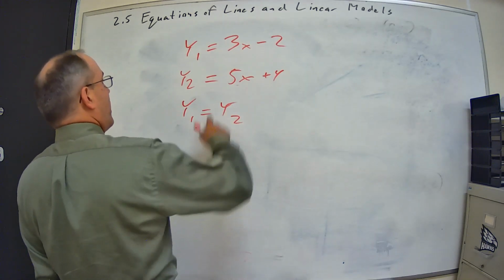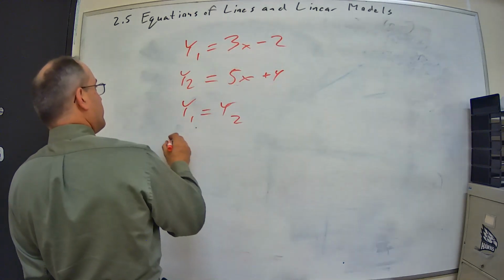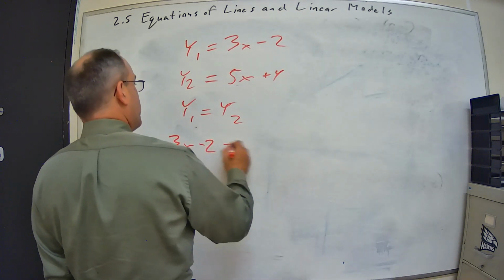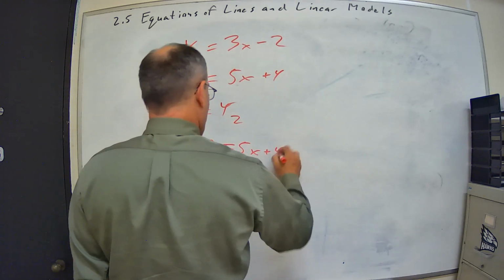And we can do that by setting them equal to each other. So 3x minus 2 is equal to 5x plus 4.